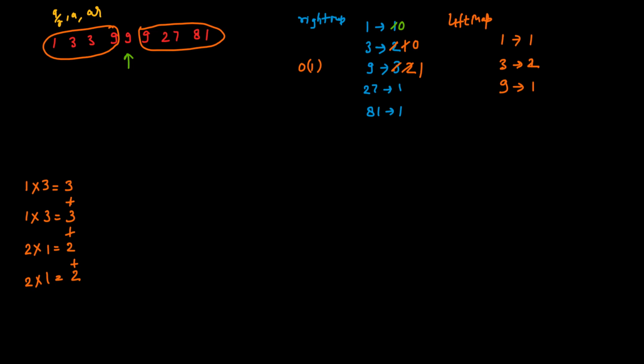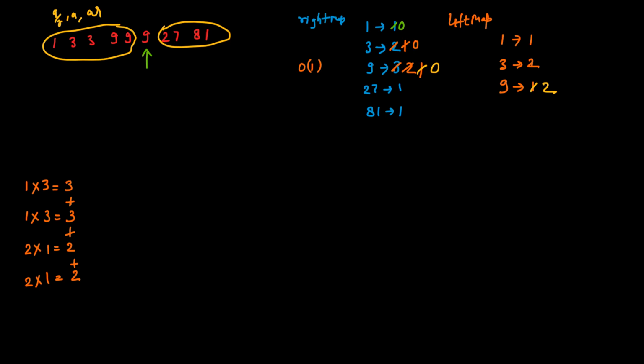In a similar way, the next element we process is this 9. So this is the 9, guys. And this is our left map. This is the right map. In the left map, I am going to increase the 9 frequency. This time this will be 2. And on the right hand side, we are going to reduce the frequency of this 9.